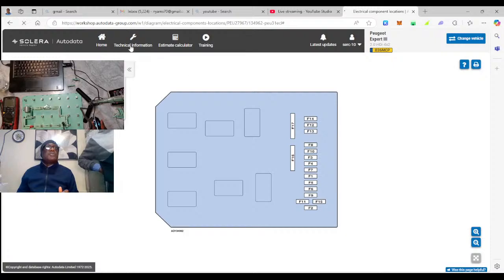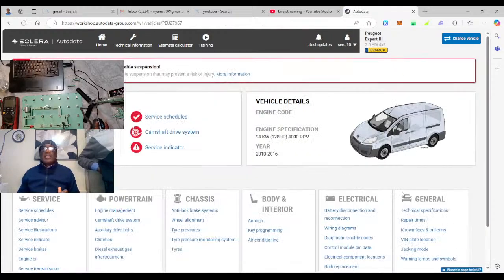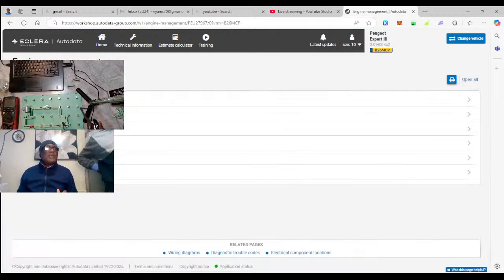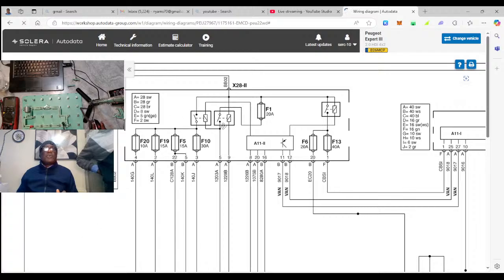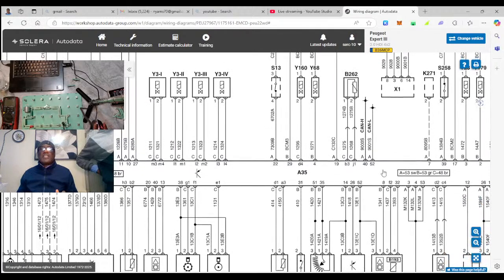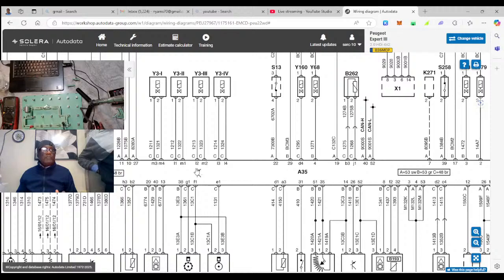So if I go to technical, where is my wiring? Engine management, and then I can go to the wiring diagram, and so that's my ECU here. It's telling me that this ECU has got 3 plugs.